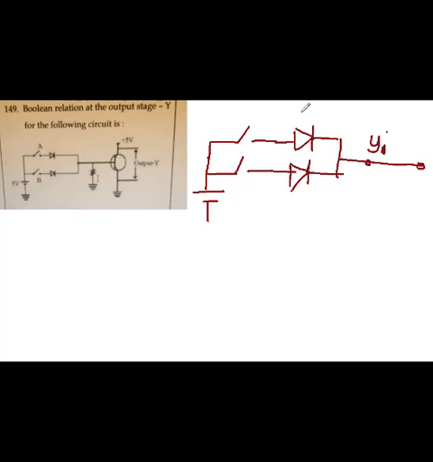It's an intermediate output. This is diode D1, this is diode D2, and you can see that there is a resistor connected here.